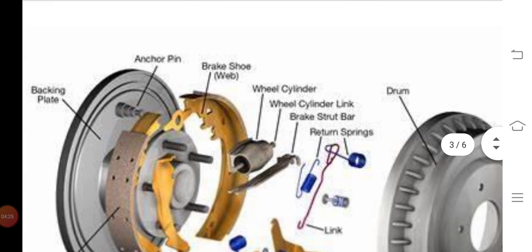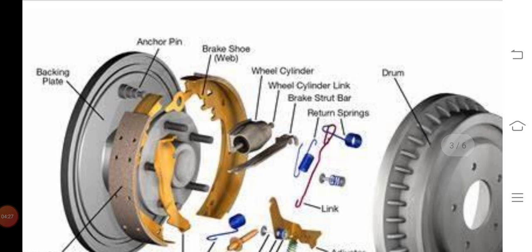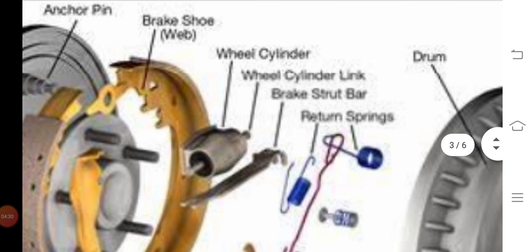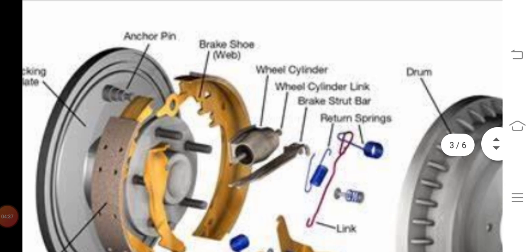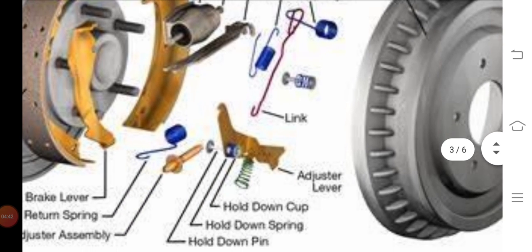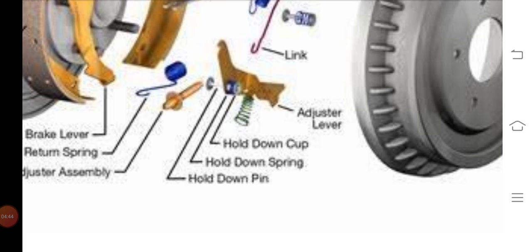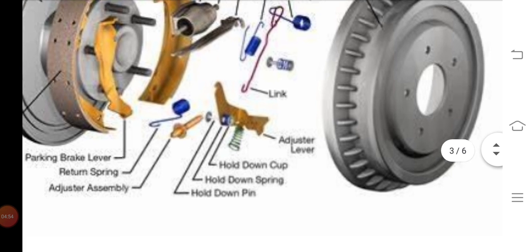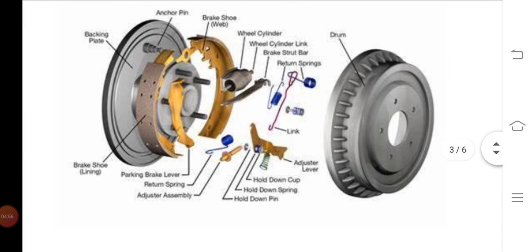This is the wheel cylinder, and one master cylinder can operate these wheel cylinders, all four. And these are the return springs, hold down spring, hold down cup, hold down pin, and adjuster lever. So these are the main components of the drum brake.